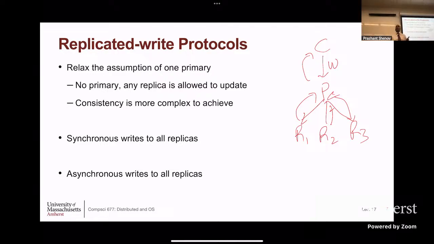But from a performance standpoint it is quite slow, because the client is blocked until all of these writes are broadcast, and moreover, the write proceeds at the speed of the slowest replica. If one of these R1, R2, R3 were a distant machine, the time to send the write over a network will be much longer than for the other replicas. So the write's throughput is going to be based on the slowest replica in the system. That's basically a fact of how synchronous writes work.